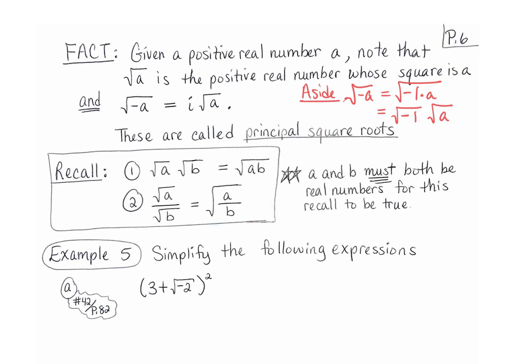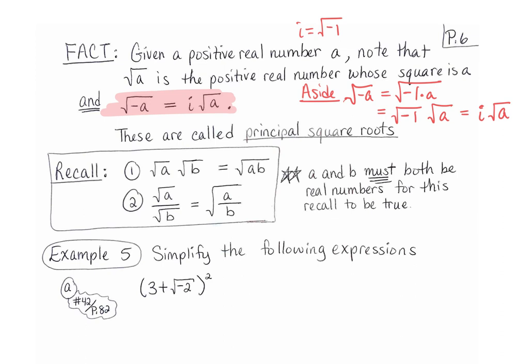Good, it's i. We reviewed that, right? Remember when we defined an imaginary number, we said that i is equal to the square root of negative 1. So this becomes i times the square root of a. That's where this highlighted portion is coming from. So that's important to remember, that the square root of negative a is the same thing as i times the square root of a. Okay?